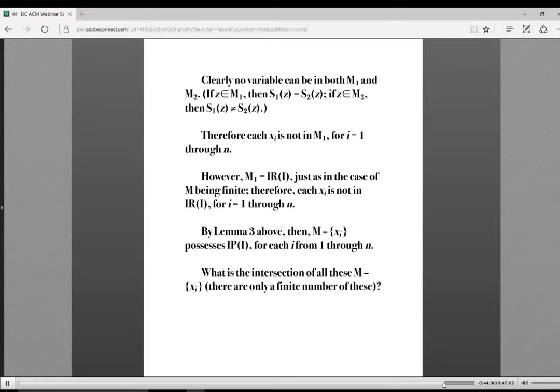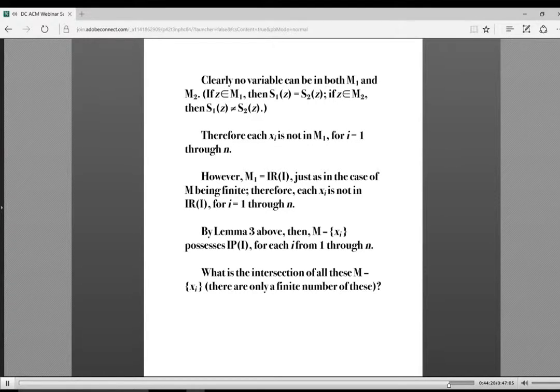Therefore, each x sub i is not in IR of I, for i equals 1 through n. By lemma 3 above, then, M minus the set consisting of just xi possesses IP of I, for each i from 1 through n.